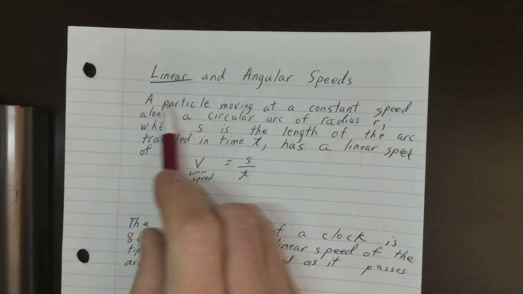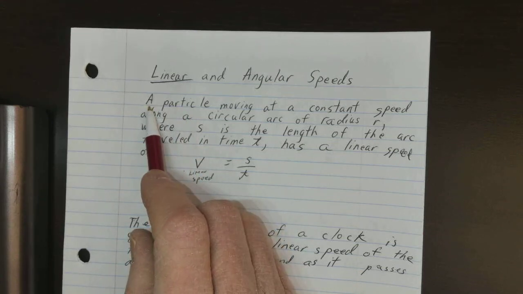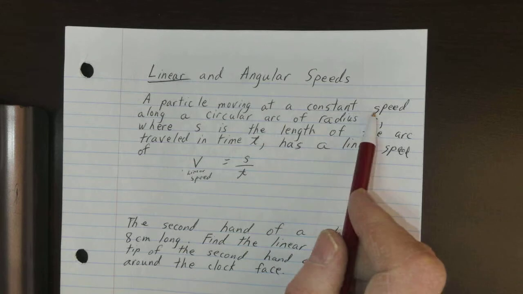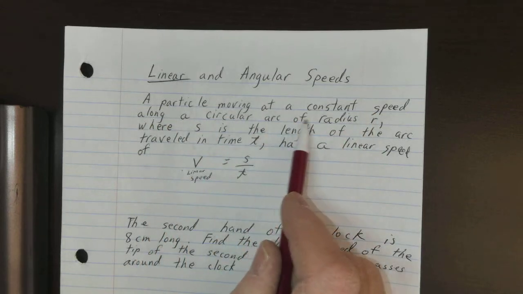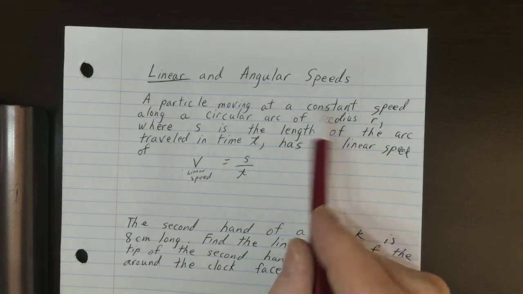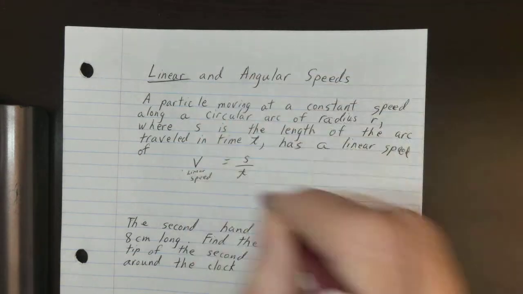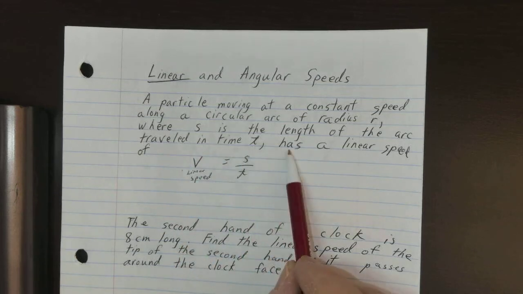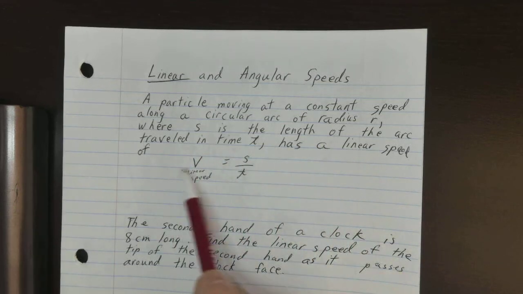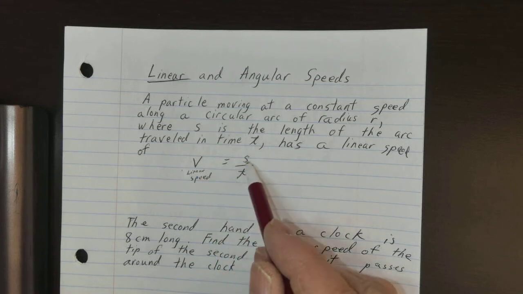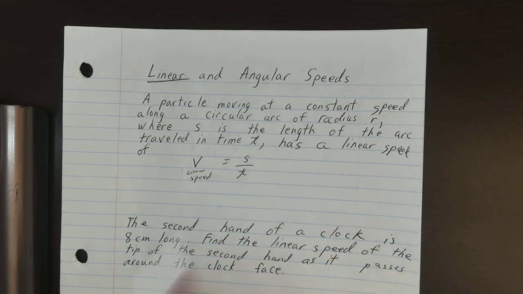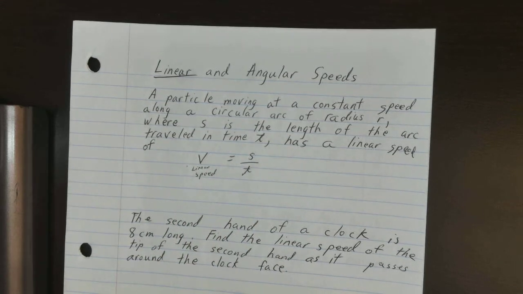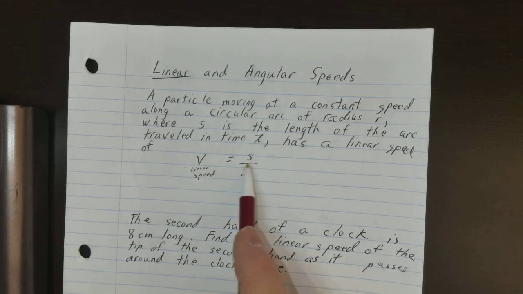By definition, a particle moving at a constant speed along a circular arc of radius r, it's just going around and around, where s is the length of the arc traveled in time t, has a linear speed, we use v for that, of s over t. So there's the relationship. s is the arc length, t is the length of time that it travels that arc length.